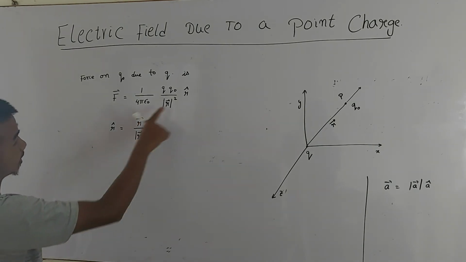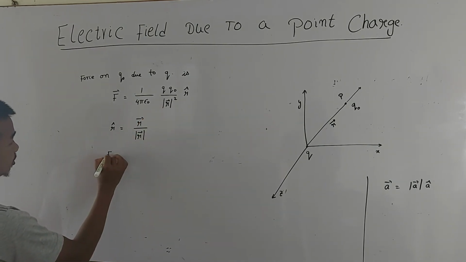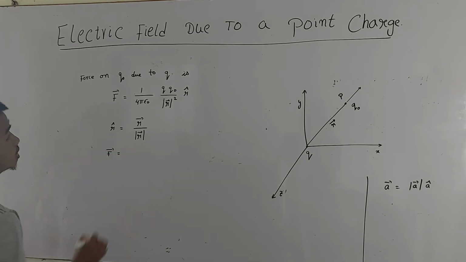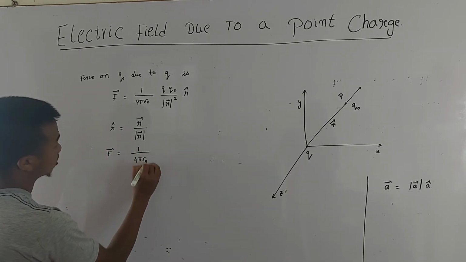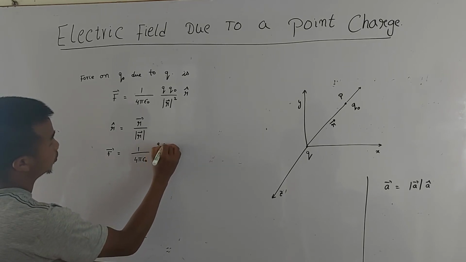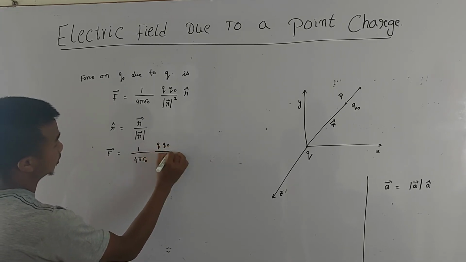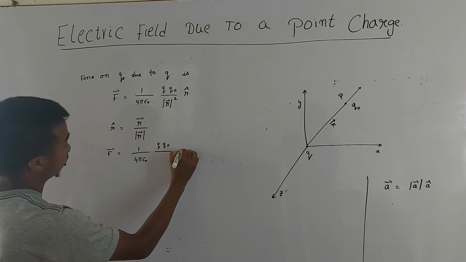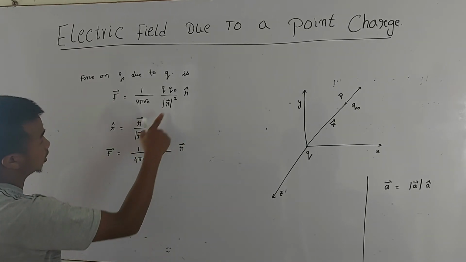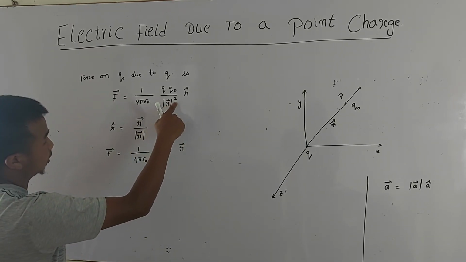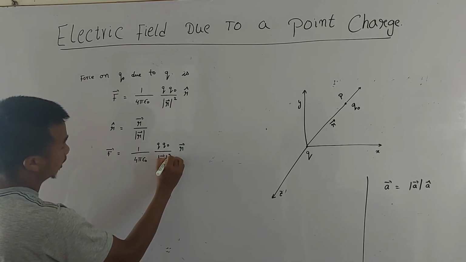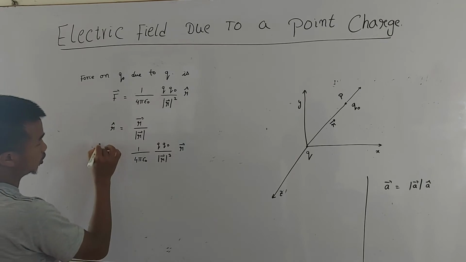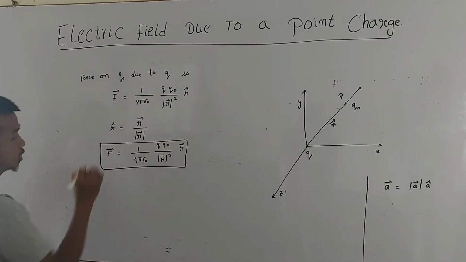If you replace r cap by this value, F is equal to 1 by 4 pi epsilon naught, Q Q0. So r cap becomes r vector, and mod of r square into mod of r becomes mod of r cube. So this is the force.